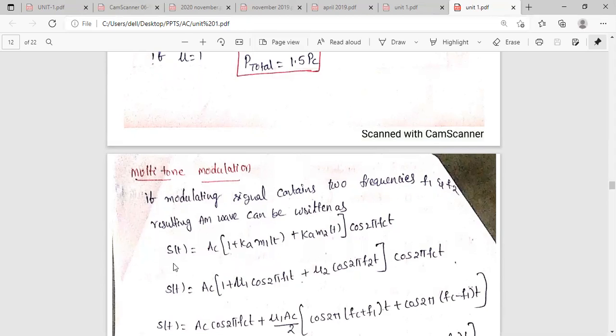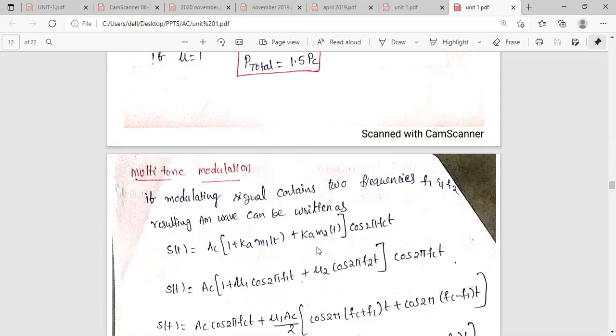We know the standard expression for the modulated wave: s of t is equal to Ac into 1 plus Ka m1 of t plus Ka m2 of t, into cos 2 pi fc t. Here Ka is the amplitude sensitivity factor, and m1, m2 are both message signals. This message signal contains two frequency components.